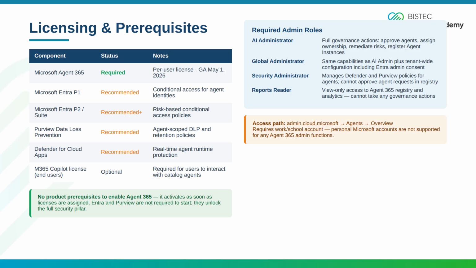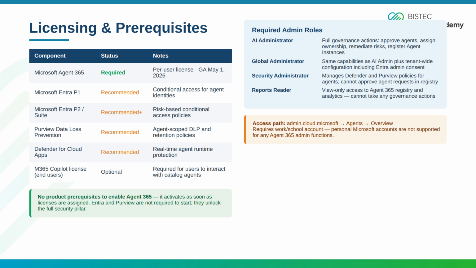Microsoft Entra Plan 1 is recommended for conditional access for agent identities. Entra Plan 2 or Entra Suite is recommended for risk-based conditional access policies, the more sophisticated Entra capability that evaluates sign-in risk signals before granting agent access. Microsoft Purview Data Loss Prevention is recommended for agent scope DLP policies and retention controls.